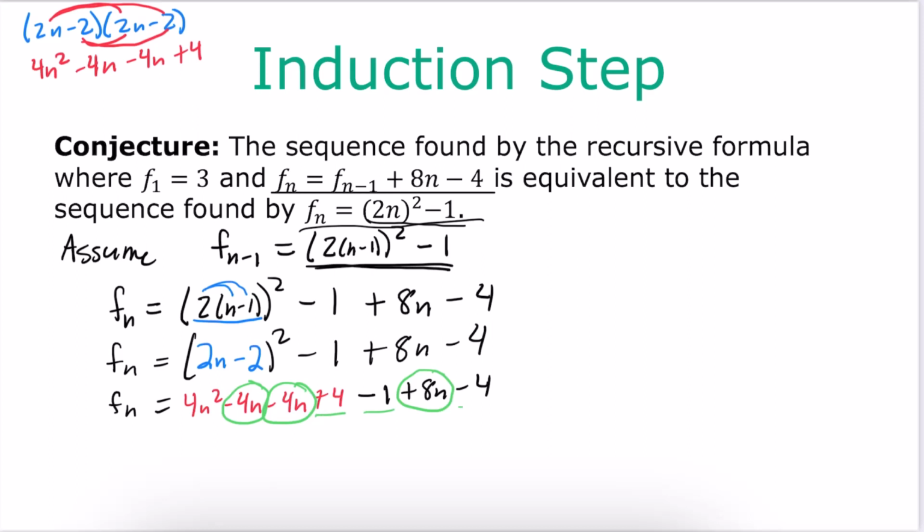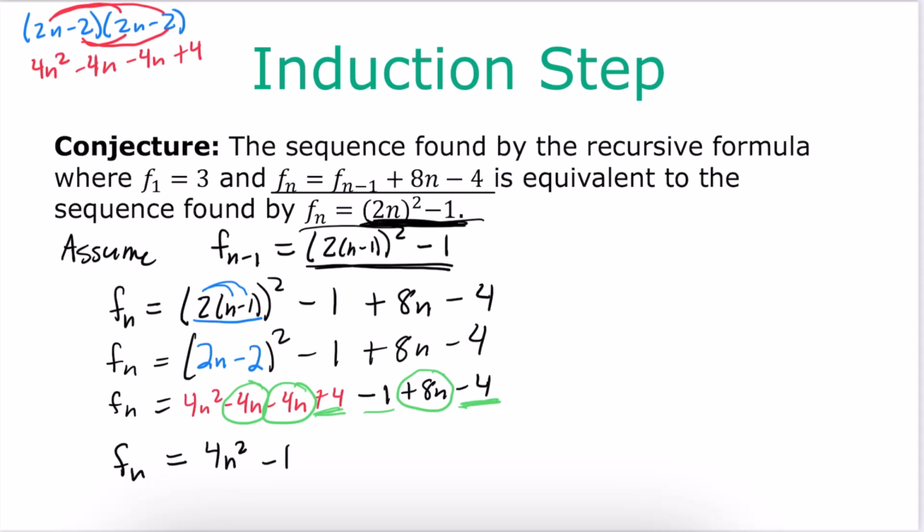And then 3 minus 4 gives me negative 1. Or probably it actually would have been easier to do positive 4 plus negative 4 is 0, and then subtract 1. But in any case, what this ends up simplifying to is that the nth term equals 4n squared minus 1, which we actually showed in the other video as well, that this is equal to 2n squared minus 1.